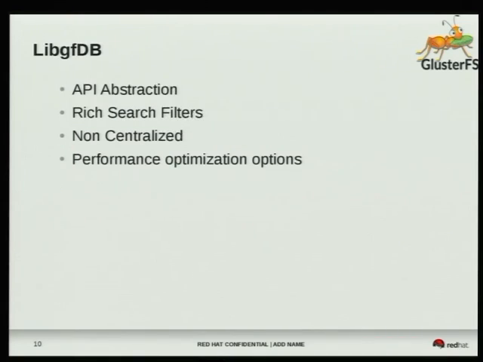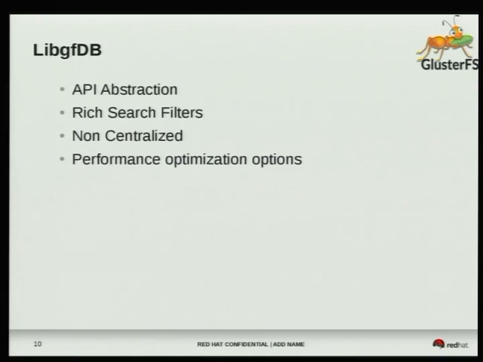Plus, it is non-centralized. So in Gluster, our basic storage unit is a brick. You can consider it as a storage node having multiple bricks over which the namespace is covered. So each brick is going to have its own database. What's the advantage? You don't have a bottleneck.